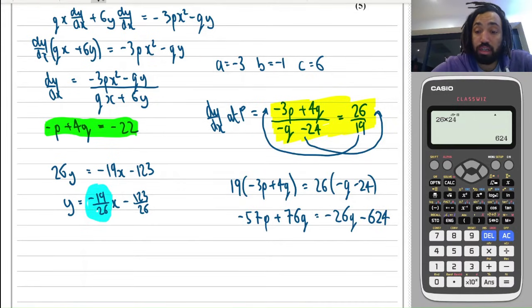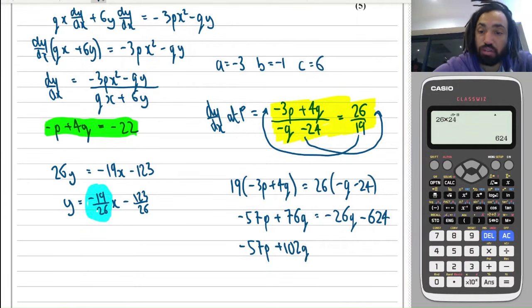Now let's bring everything to one side, so add 26q is going to give me 102q, and that's equal to minus 64.